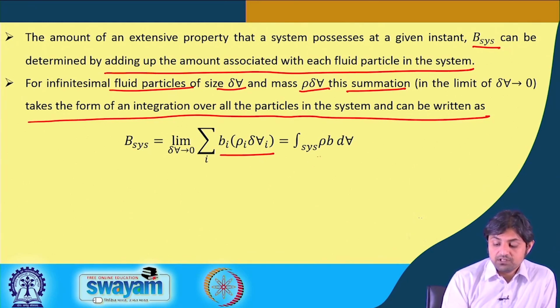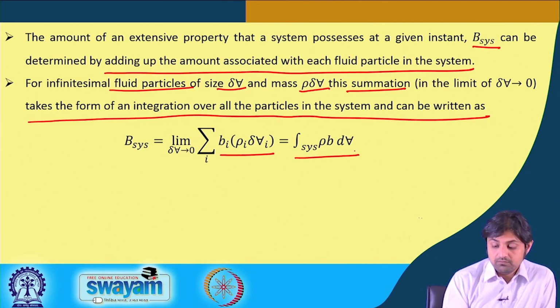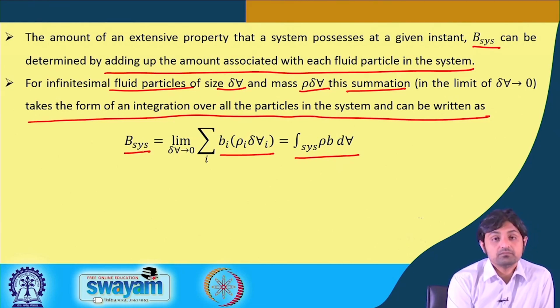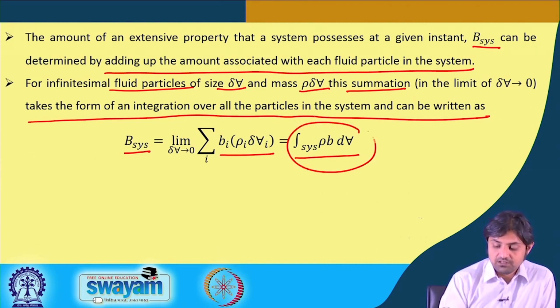So, this can be written as rho b dV, not dA, it is rho b dV, because that is the capital B. Capital B was small m into small b. So, m, the mass, is rho into dV, multiplied by b. This is B system, this is the integration.